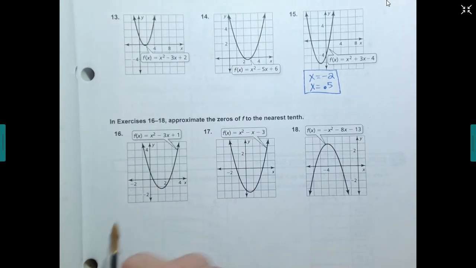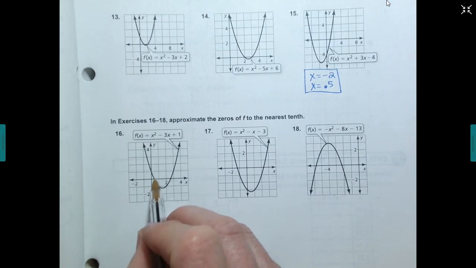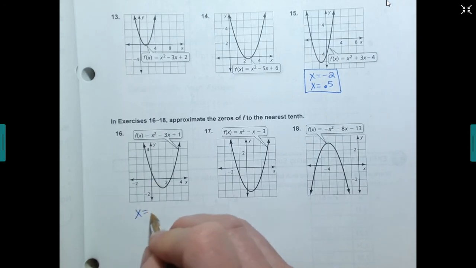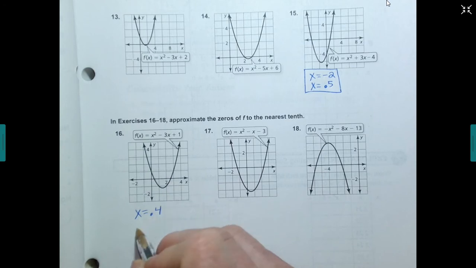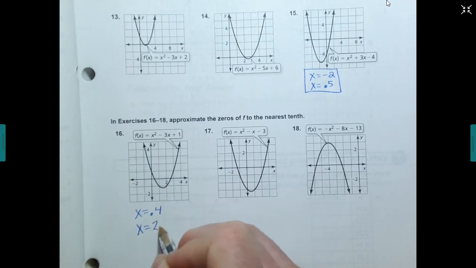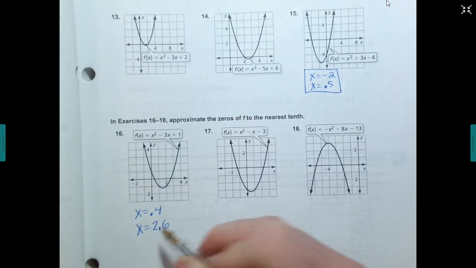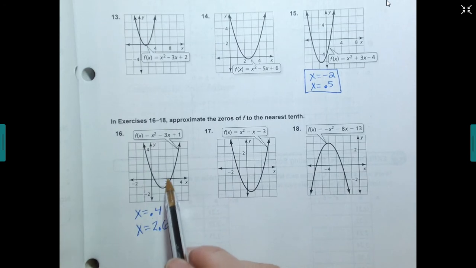So that's about half, so x equals 0.4. And here x equals 2.6. It looks like it's just over from the middle point. So if I broke this into 10 lines, I'm guessing this would be about 6/10. So 2 6/10.